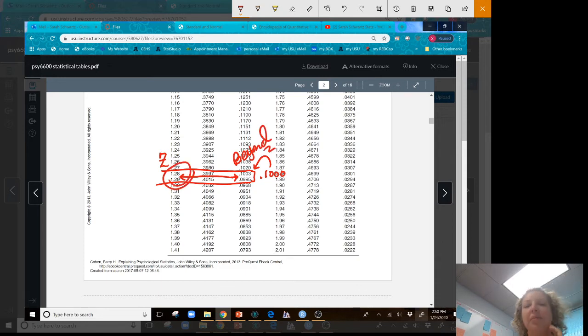Our z-score is going to be between those two numbers. If the computer, R, SPSS, whatever calculator is going to be doing this problem, it would come up with z equals 1.28 something, something, something. But our table doesn't go that exact. We only can go to 2 decimal places. So in this scenario, you can go with either number using this table.